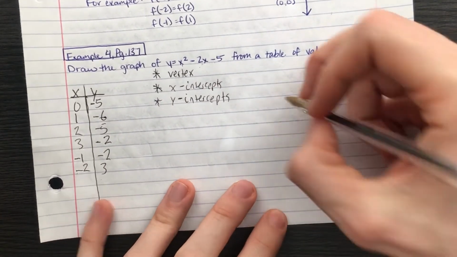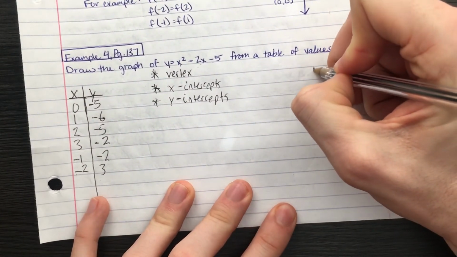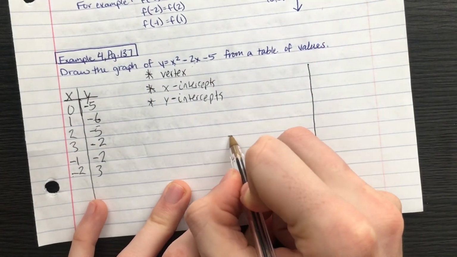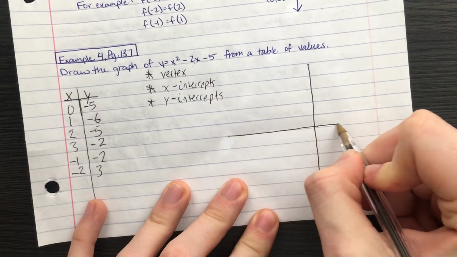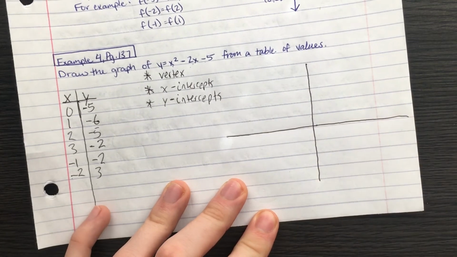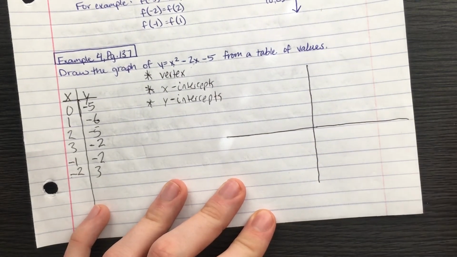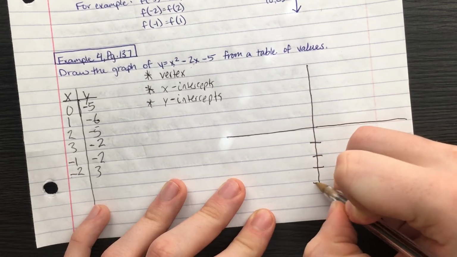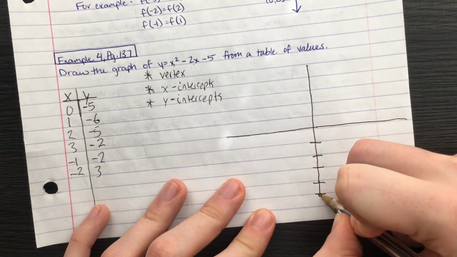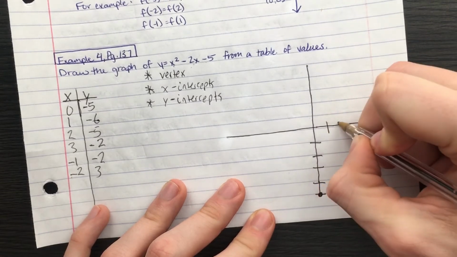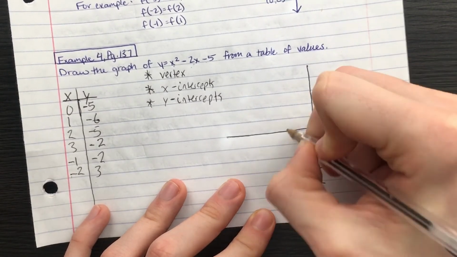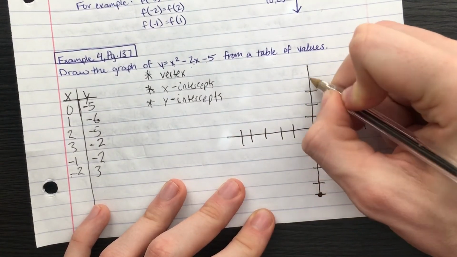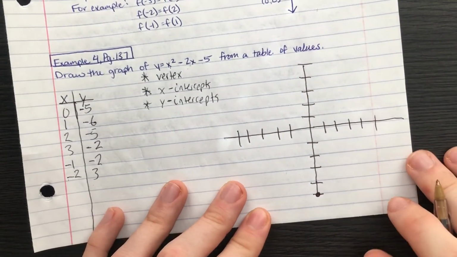So we're going to graph these points now. We've got 0, and then down 1, 2, 3, 4, 5 to negative 5, so there's a coordinate right there. Not perfect, but it will do.